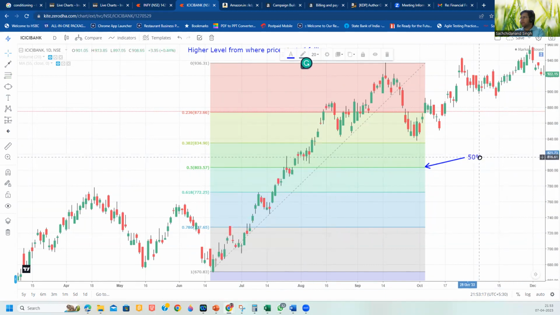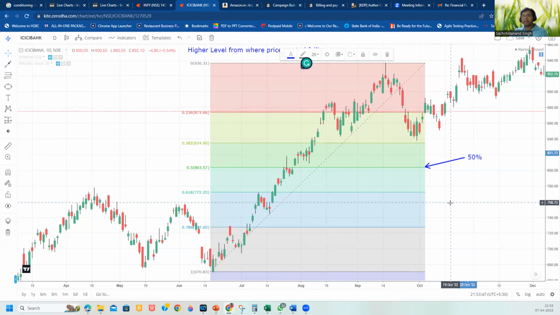Okay, so it is normally assumed that in an uptrending stock, any price point can retrace or fall back up to 50%, and this is treated as a healthy retracement. Okay. And if any stock is falling beyond 50%, then it may be considered a trend reversal.